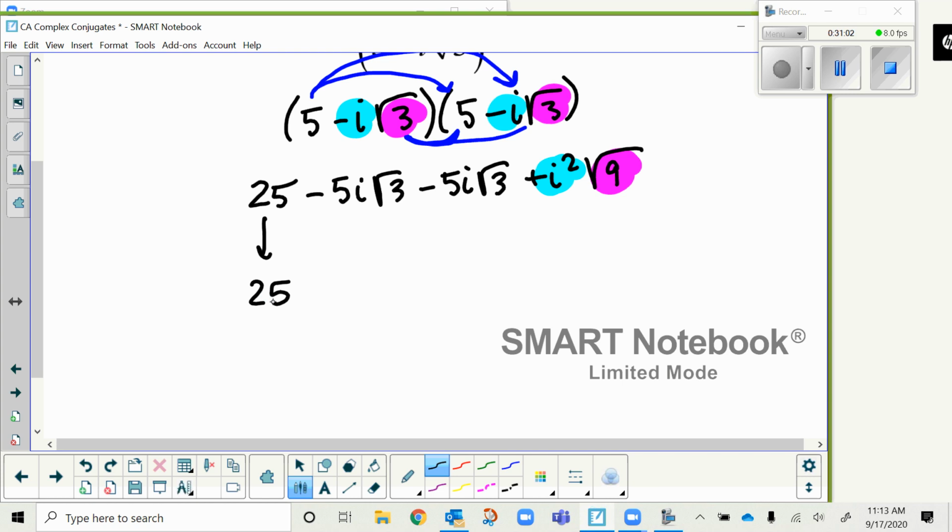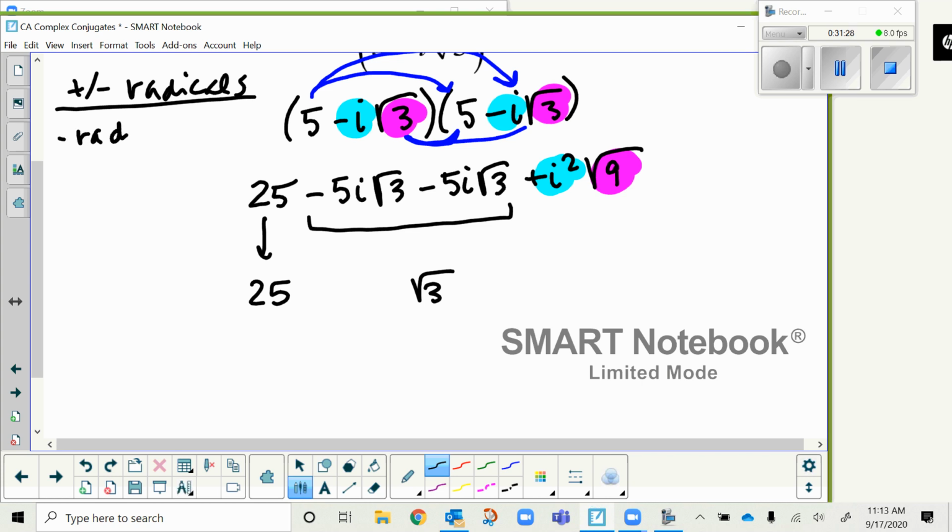Those two middle terms, excuse me, it's an addition subtraction problem. When you're adding or subtracting radicals, the radical part stays the same. And you might want to write that down somewhere in your notes. Adding, subtracting radicals: here's what you need to know about that. The radical doesn't change, and you add or subtract the number in front.